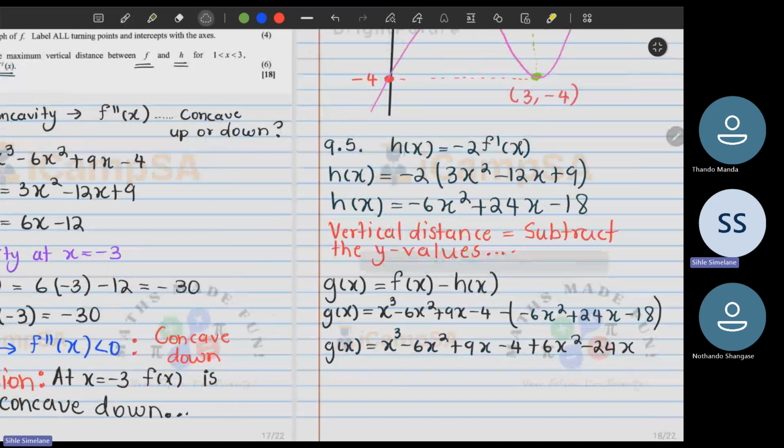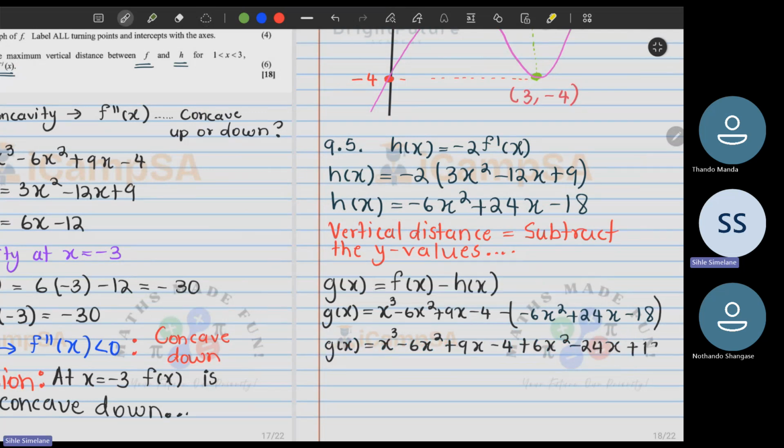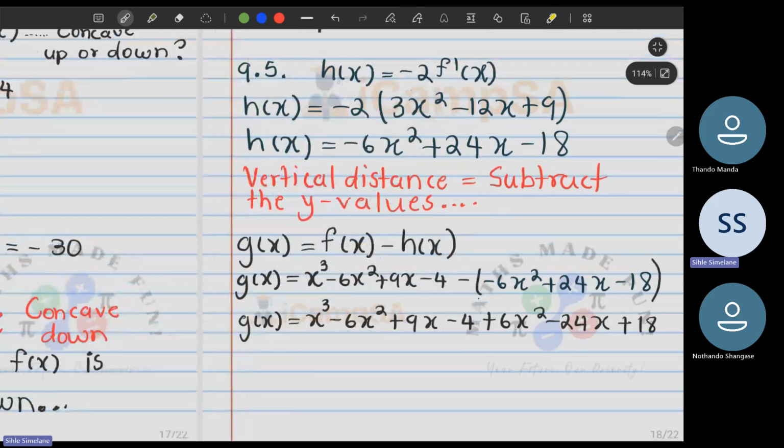Next, what we are going to do is collect some like terms. So you'll see that our g of x will be x cubed. We'll have minus 6x squared and plus 6x squared, those will add up to 0. Then you have 9 minus 24.